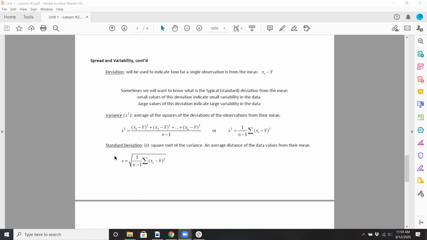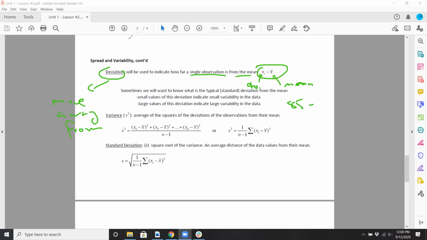So deviate means to go away from, to move away from. That's what it means to deviate. And sometimes we want to know this: xi minus the mean. So xi is a point that you observe, minus the mean. For example, 85 might have been a point we observed for the New York City commute time, the maximum.